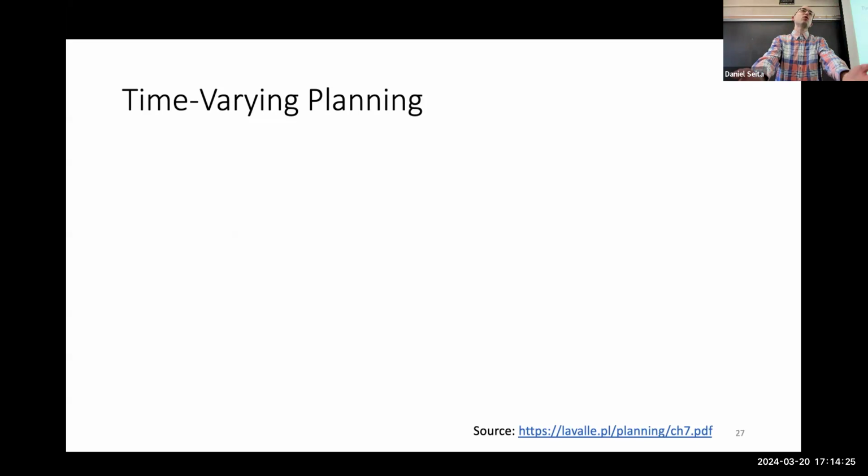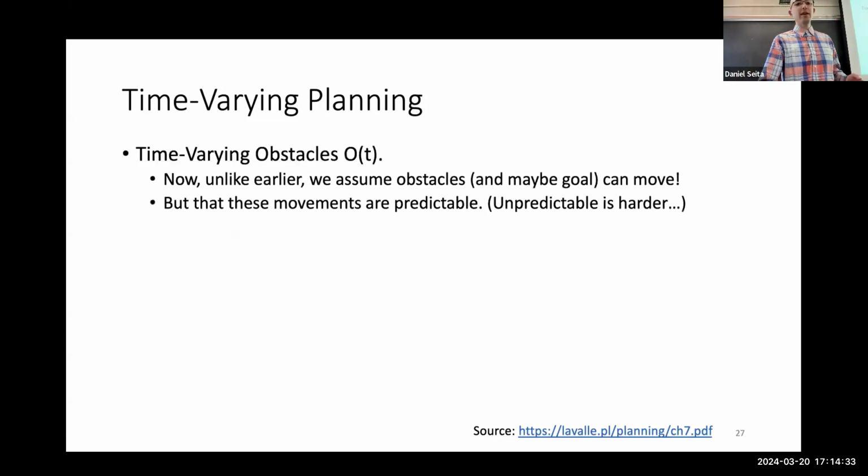When we were talking about sampling-based planning, we assumed that the obstacles and the goal were static. But in reality, there are many cases when your obstacles and maybe the goal can move. When your obstacles are moving, it gets harder.